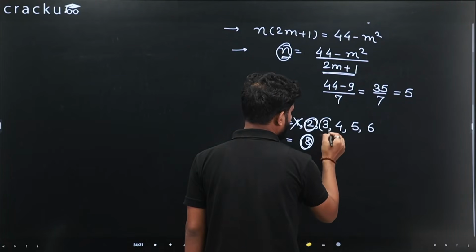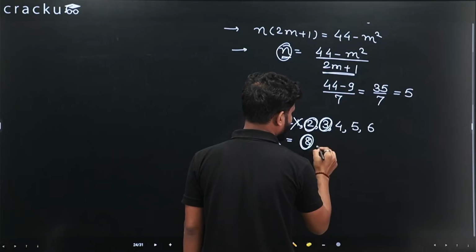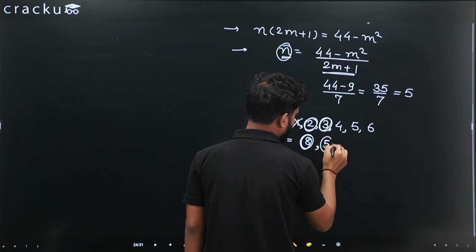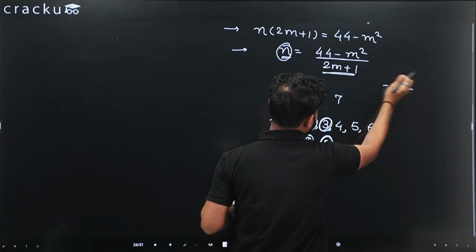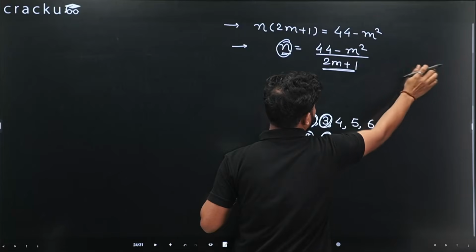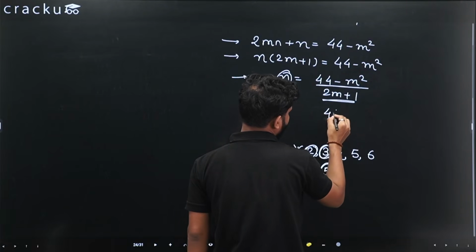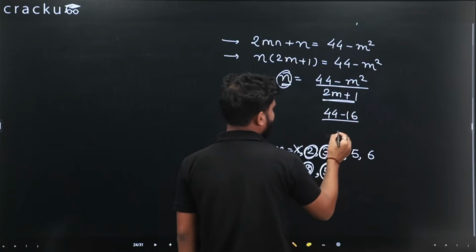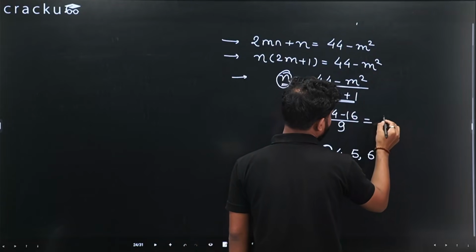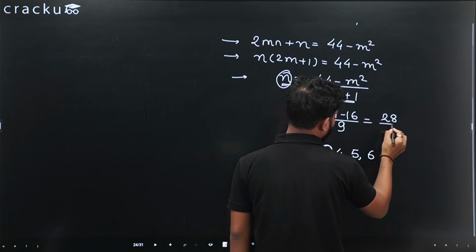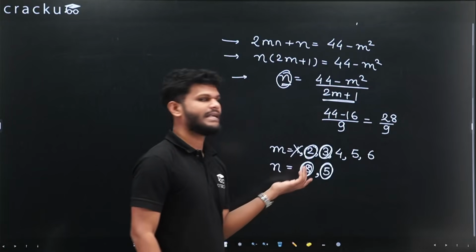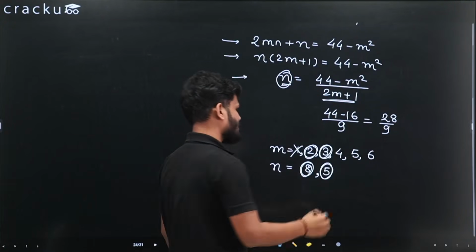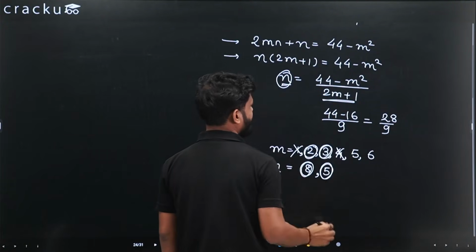So this is also a correct value, and n can be 5 here. Now let us try for 4. This will be 44 minus 4 square, which is 16, upon 4 into 2 is 8, 8 plus 1 is 9. 44 minus 16 is 28 divided by 9. 28 divided by 9 is not a positive integer. So this is not a correct one.